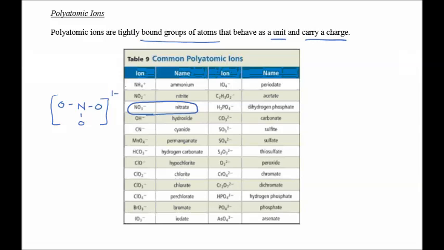So even though there's 3 oxygen atoms attached to the nitrogen, we think of it as one thing, which is going to be important when we start writing formulas that involve the polyatomic ions.